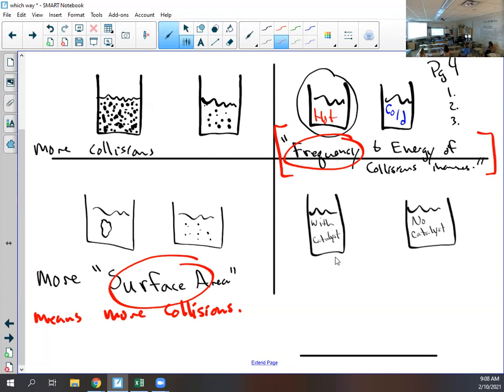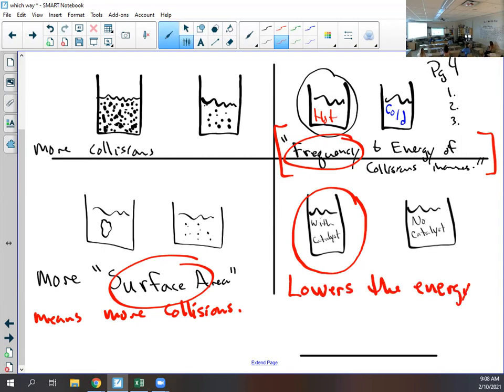All right, then yesterday we talked about a catalyst. All right, a catalyst, which one is faster? The one with a catalyst, right? And the reason why on this one is it lowers the energy required to start the reaction.